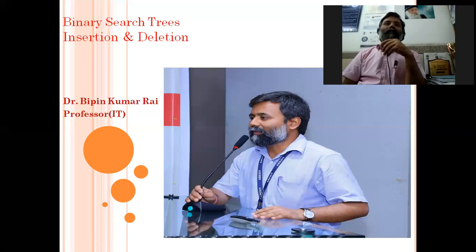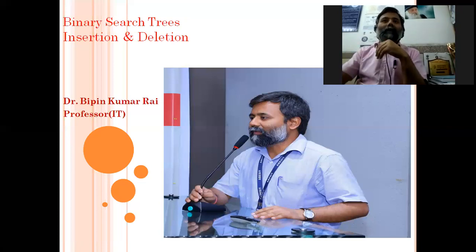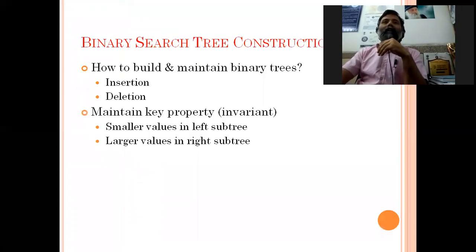So today's topic is the insertion of a node and deletion of a node in a binary search tree. We will start with insertion and then deletion. Now, how can we construct a binary search tree? How do we build and maintain a binary tree?